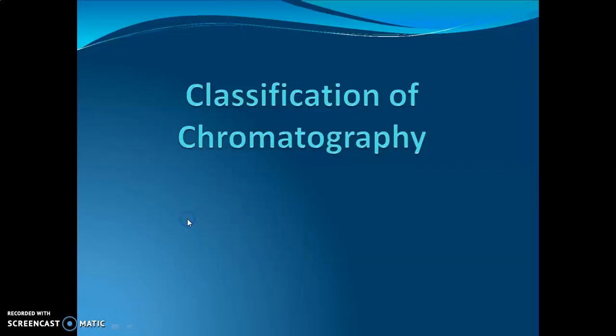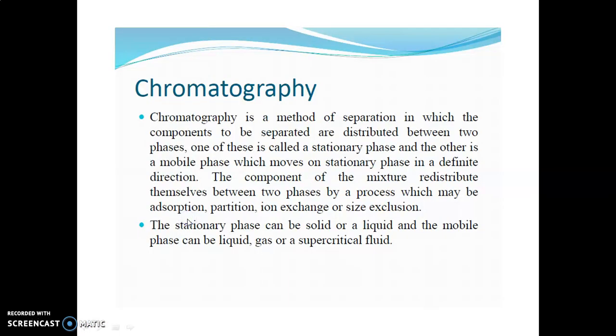So, continuing with the classification of chromatography. As we know, chromatography is a method of separation in which the components to be separated are distributed between two phases. One of these is the stationary phase and the other is the mobile phase, which moves over the stationary phase in a definite direction, and the components of the mixture redistribute themselves between the two phases by processes which may be adsorption, partition, ion exchange, or size exclusion.